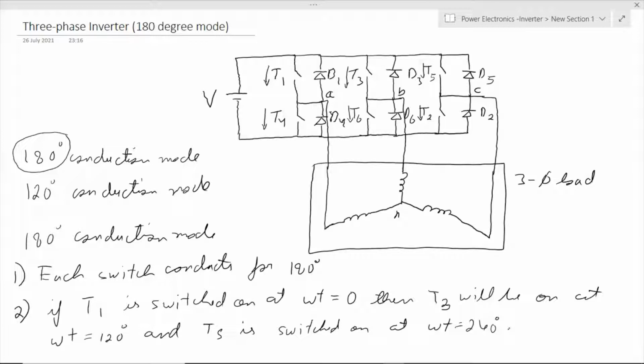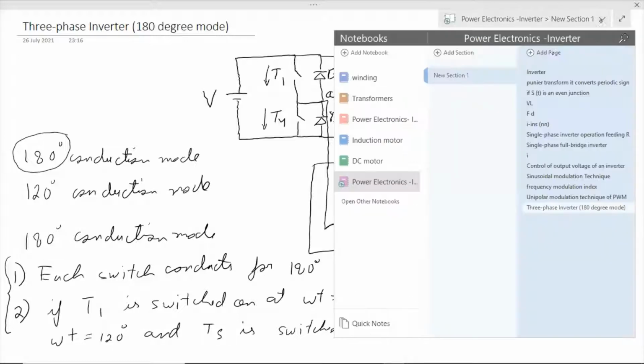Then the third phase, T5, will be switched on at omega t equal to 240 degree. This is the crux of generating the firing signal for these switches. These two things you have to remember, then every other thing will come in line.